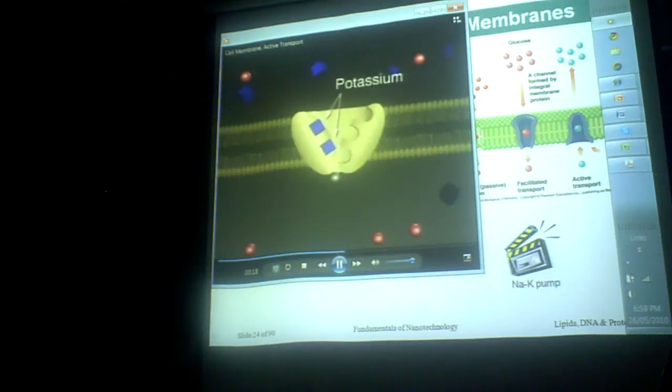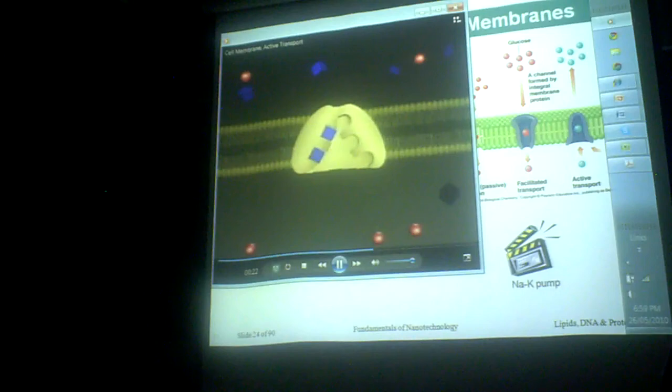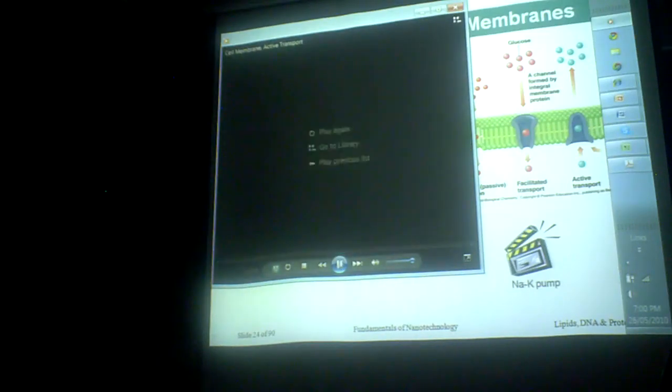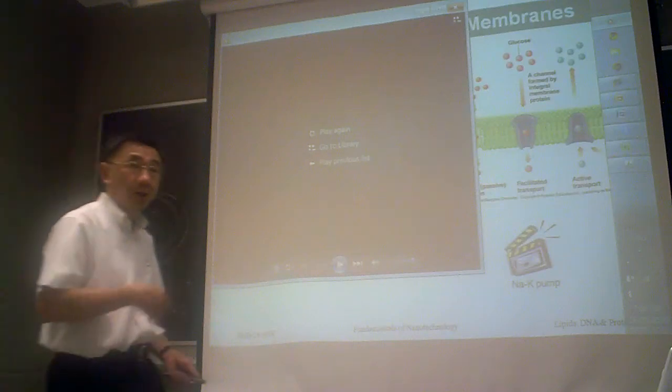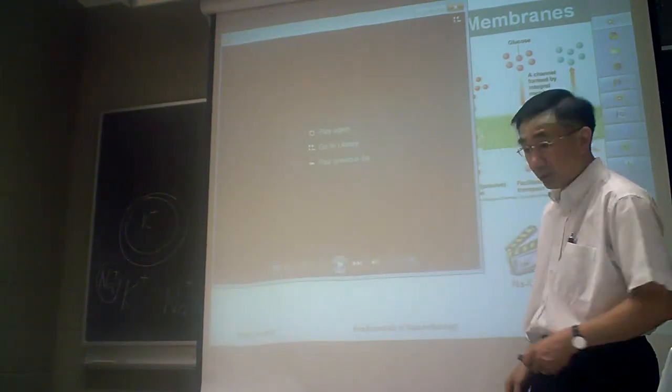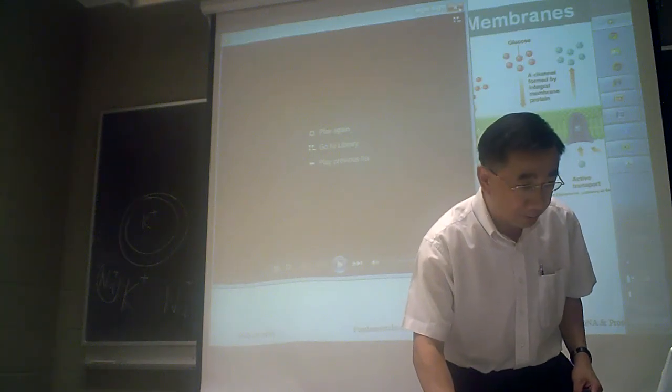The phosphate is released, and as the protein returns to its former shape, potassium is moved into the cell. Sodium can once again bind to the protein, and the process repeats as long as there is a supply of ATP. Hence you have a higher concentration of potassium inside and sodium outside. So this is the concept of the sodium pump, and many other pumps they talk about, what we call active transport.